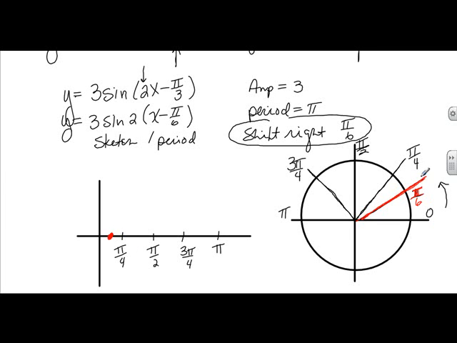The angle pi, if we shift to the right, which is counterclockwise, pi over 6, that gives us the angle 7 pi over 6, and that's going to be our stopping point. Pi over 6 and 7 pi over 6.